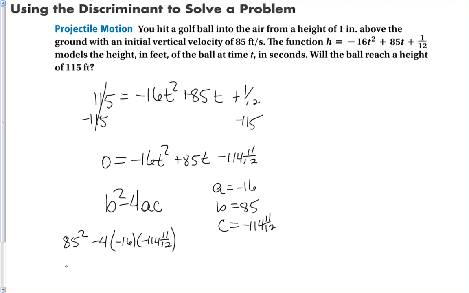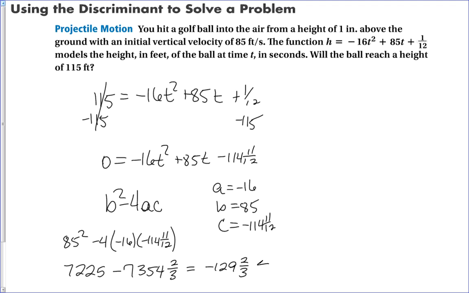Punch this in your calculator, we get 7225 minus 7354 and 2/3. Now, the negative number is bigger than the positive number, so we know this is going to be a negative number. It's actually going to be negative 129 and 2/3.